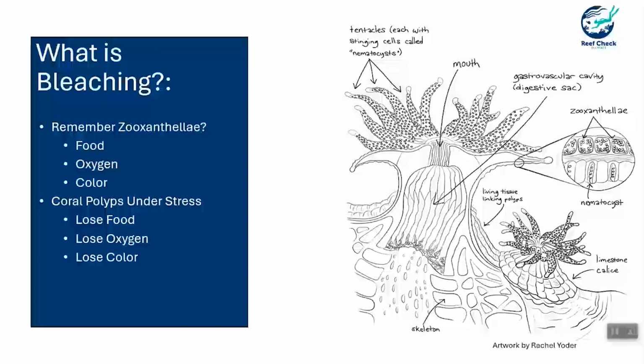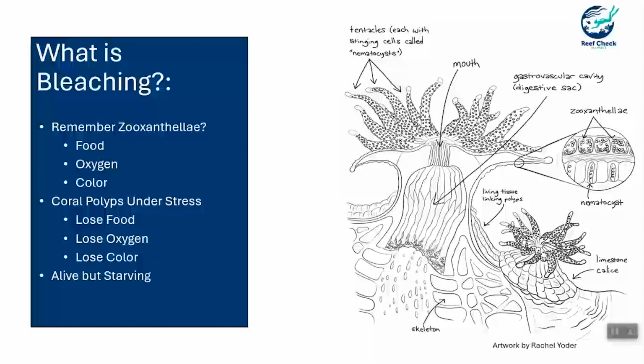And when that happens, remember, this coral is now going to lose its food, because the zooxanthellae was photosynthesizing. It's going to lose that oxygen that is readily produced and available there by the zooxanthellae. It's also going to lose its color. At this point, the coral polyp is alive, but it's starving.